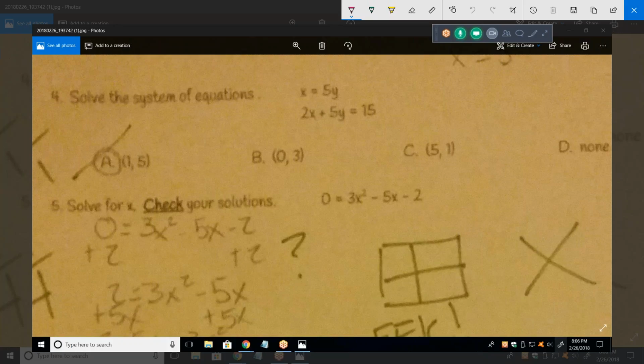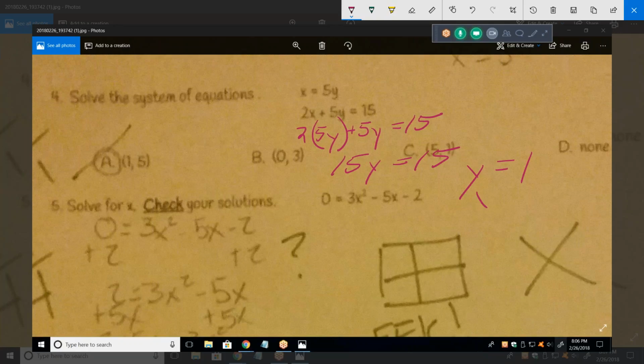Okay, so that's 2 times 5y plus 5y equals 15. Well, that's 15y equals 15. Y equals 1. How do you solve? You put 1 in for y on the top equation.